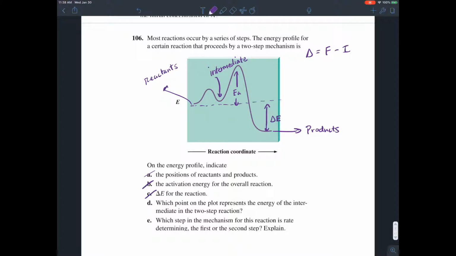Now, which step in the mechanism for this reaction is rate determining, the first or the second step? Remember that the rate determining step is the slow step, which from an energetic standpoint means it requires the most energy to surpass.